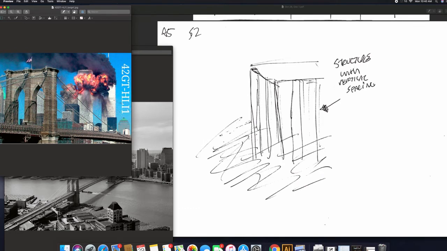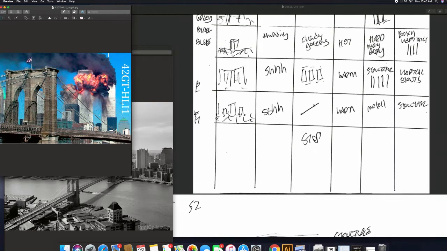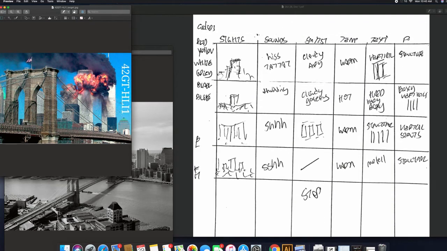I saw a structure with vertical spacing with this shroud of darkness and cloud a little bit down from the top. This is what I saw. I blew that up. That was this drawing right here. This last column over here is kind of like an AOL column where you just write what you think this data means.